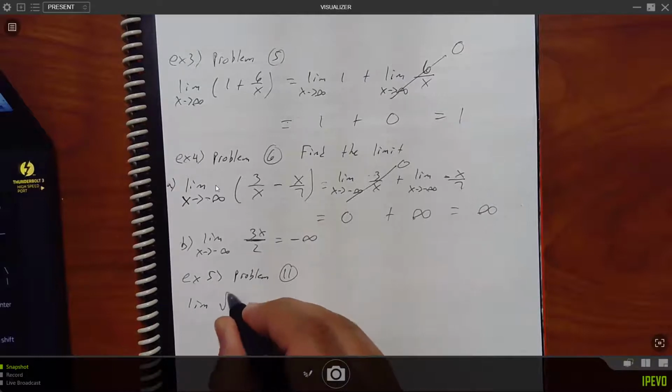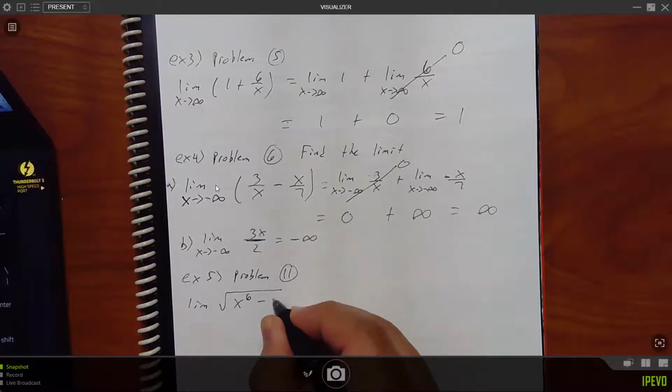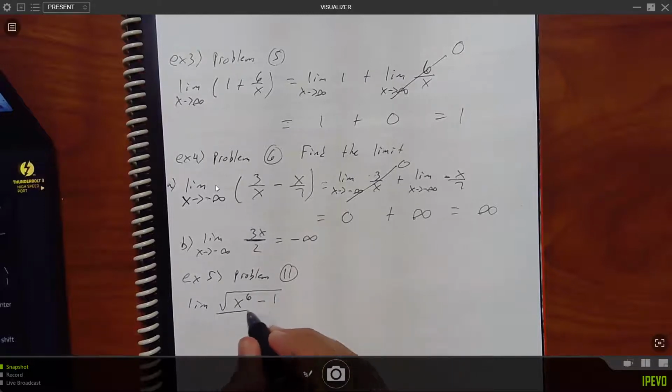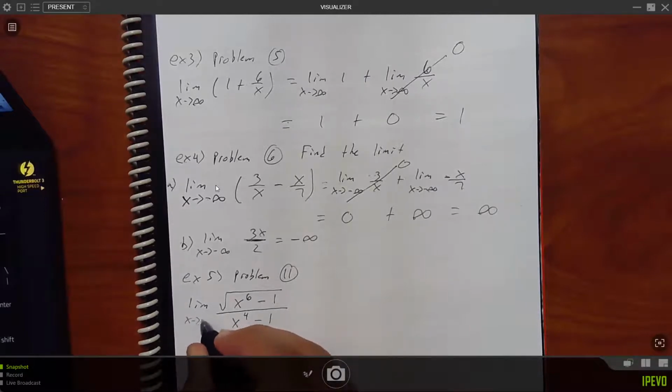The limit of the square root of x to the 6 minus 1 over x to the 4th minus 1, as x is going to negative infinity.